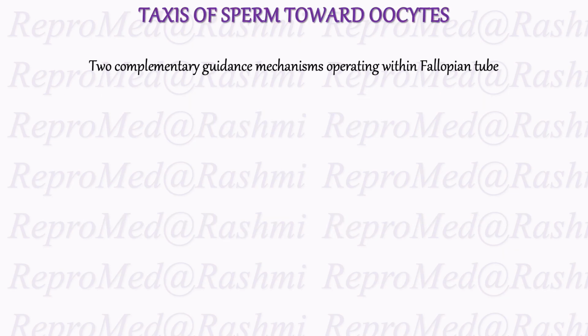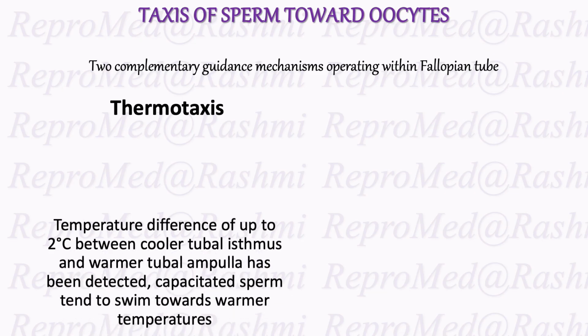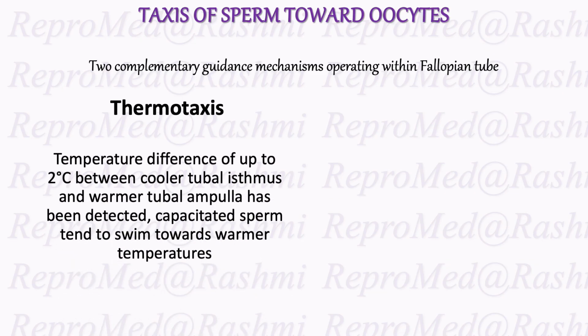Taxis of sperm toward the oocyte. Two complementary guidance mechanisms operate within the fallopian tube. First is thermotaxis. A temperature difference of up to 2 degrees between the cooler tubal isthmus and the warmer tubal ampulla has been detected.